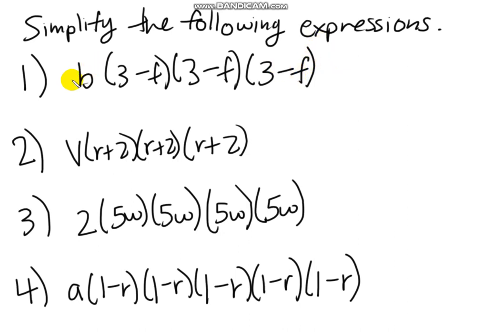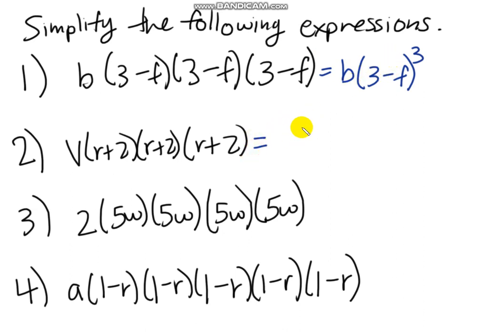So we have b times 3 minus f times 3 minus f times 3 minus f. If we look at this, we have 3 minus f 3 times. So if I were to simplify this, this is b times 3 minus f cubed, because the factor is there 3 times, so b times 3 minus f cubed.